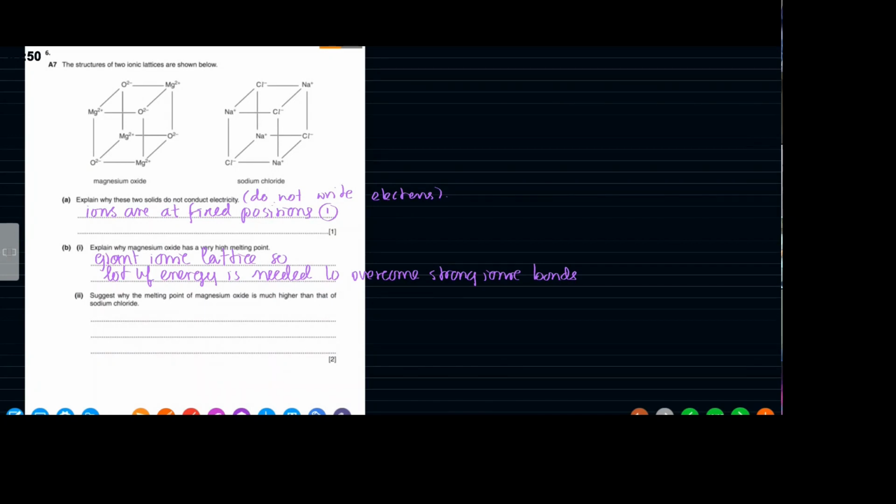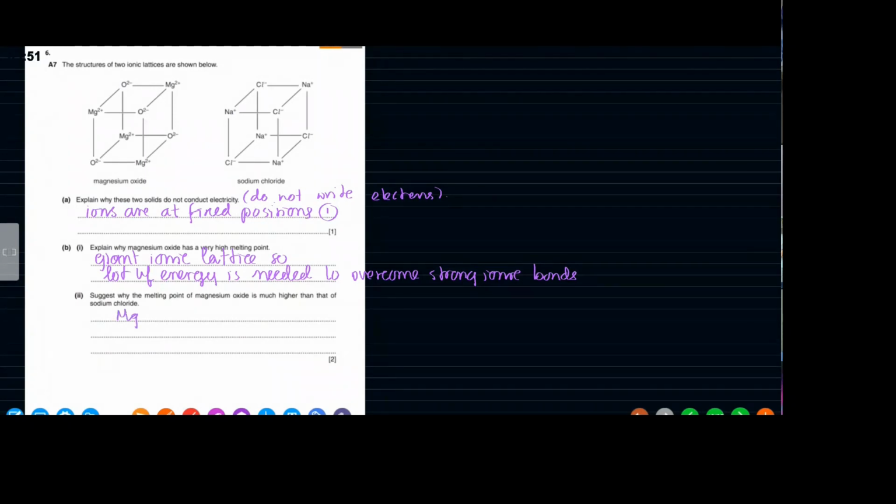Right? Suggest why the melting point of magnesium oxide is much higher than that of sodium chloride. Right? Okay. Now this is a very tricky question. Why am I saying both of them are giant ionic lattices? Both of them are giant ionic lattices. So then why does only magnesium oxide have a much greater value than sodium chloride?